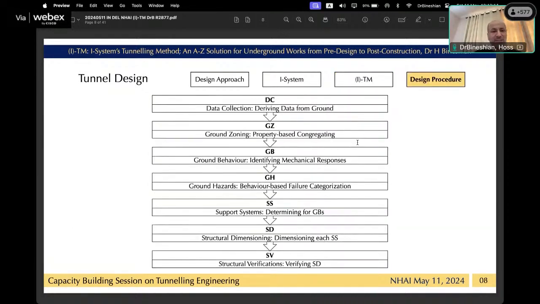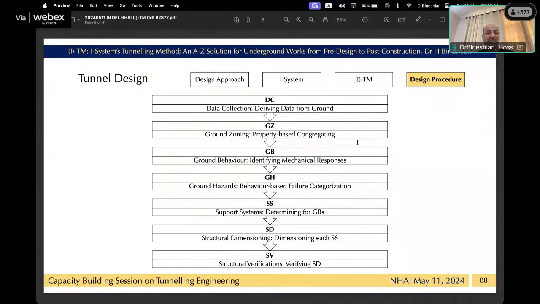The design procedure based on I-system itself contains these 7 stages, as I explained in the second slide. DC is data collection, deriving data from ground by a geologist or engineer without need of any instruments or machineries. GZ is the ground zoning, property-based congregating of the alignment of tunnel.